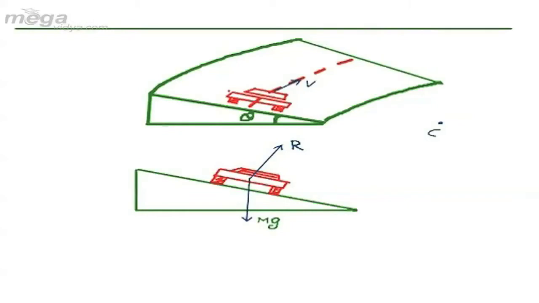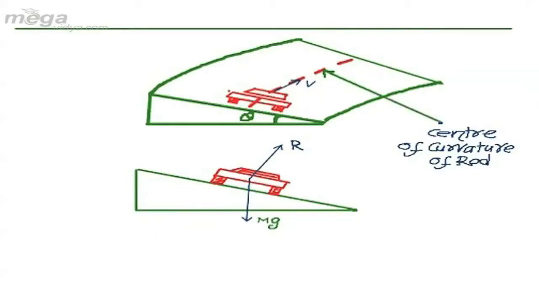If this is the center of curvature of the road, then this distance from the center of curvature to the path of the car, say it is r.